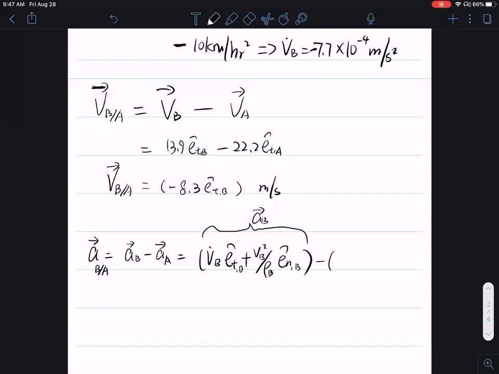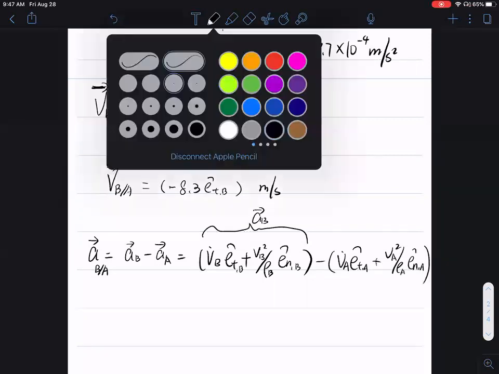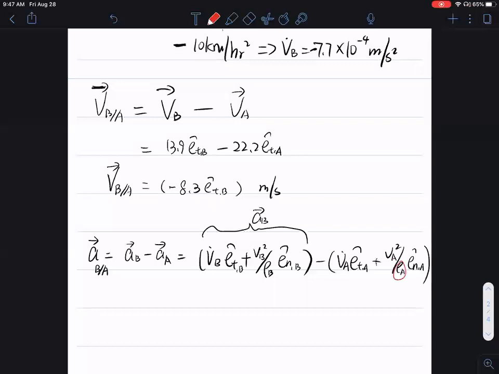Minus the acceleration for A. A is also inside this path coordinate system, with VA dot ETA plus VA squared over rho A, ENA. Feel free to write that out if you want to, but since this is rho for A, a straight line, that is infinitely large, so the second term goes to zero.